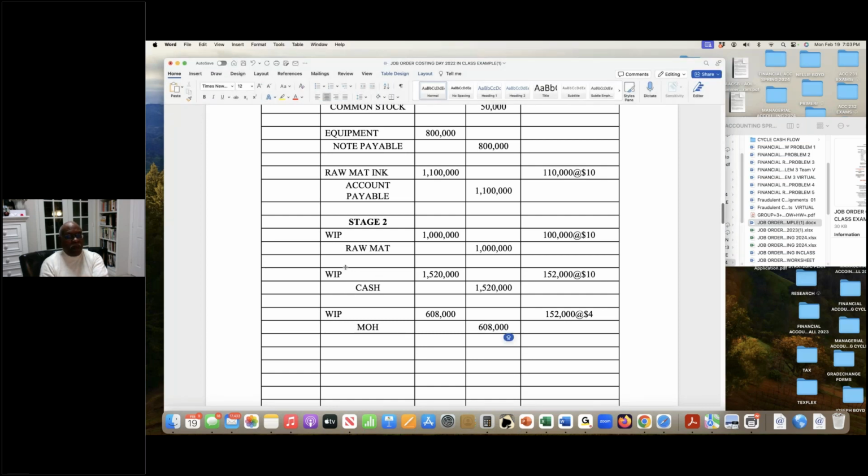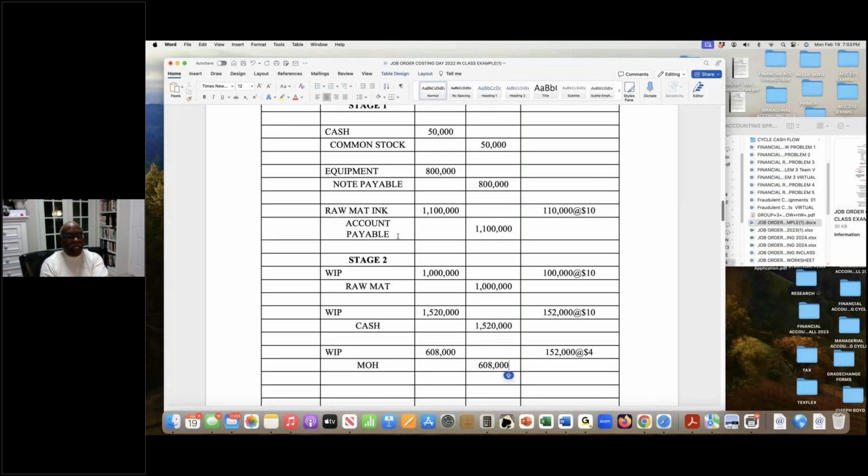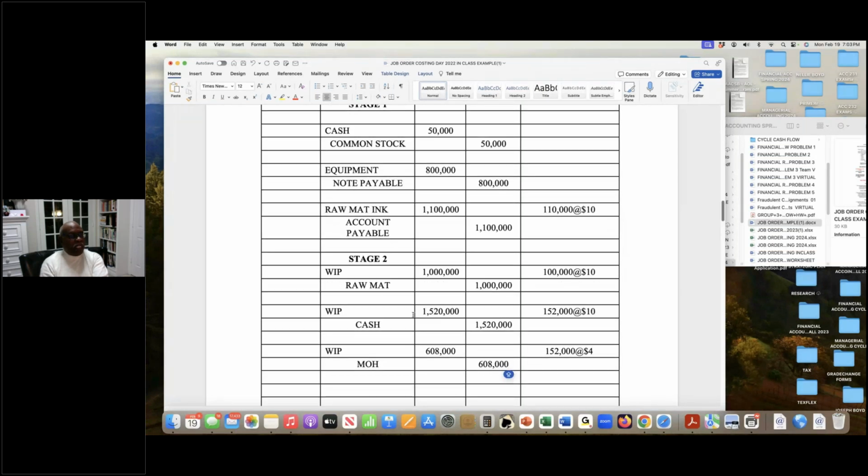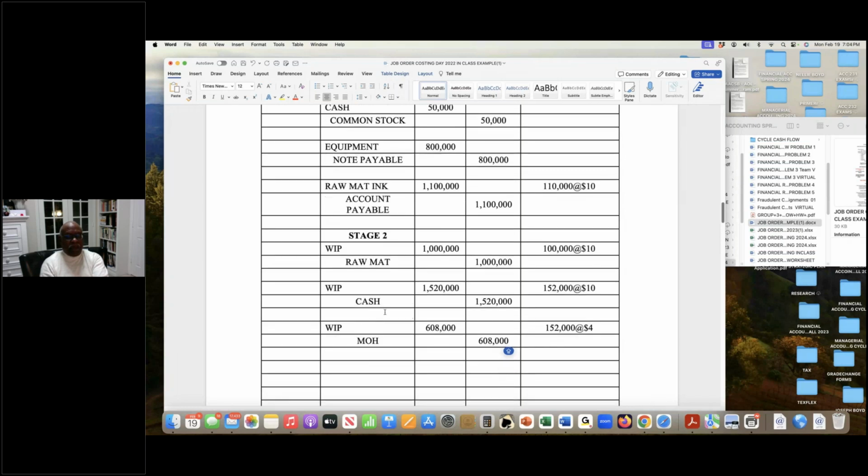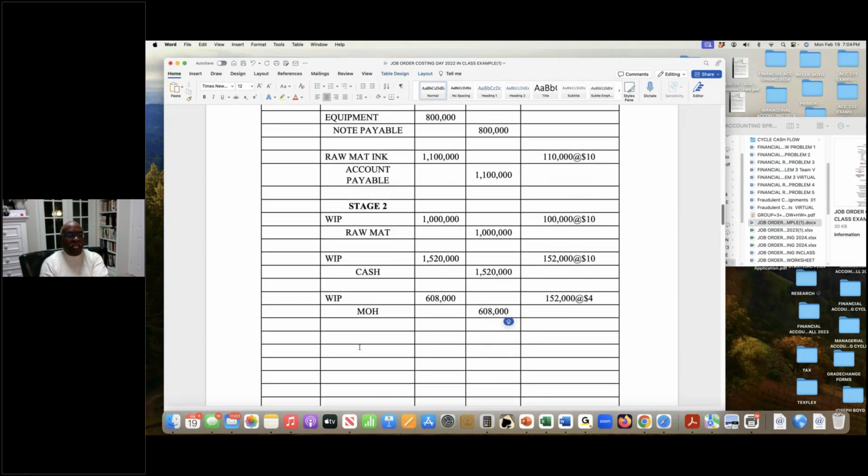If you got more than one raw material, you'll have more than one of those up here and more than one of those up here. But these journal entries don't change. And we're almost ready for stage 3, because we brought everything together, the labor and the overhead, and our goal is to make the item.